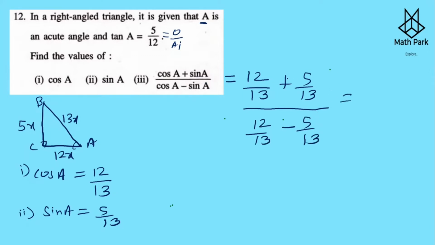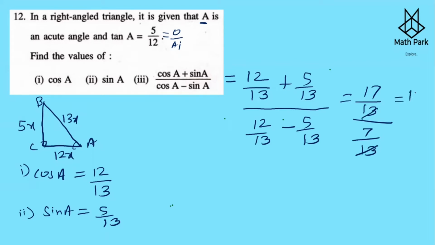So when the numerator is 12 plus 5, you get 17 upon 13. Denominator 12 minus 5, you get 7 upon 13. So this 13 and 13 got cancelled.